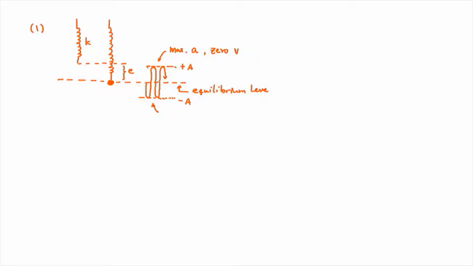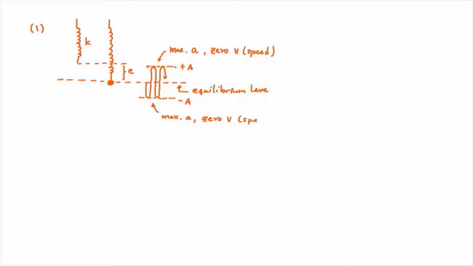So these two levels represent maximum acceleration and zero speed. I will call V the speed. So zero speed is represented at these maximum displacement values, but at that level you have the maximum acceleration. Over here it's the same thing: maximum acceleration happens at that level, and at that moment you have zero speed.